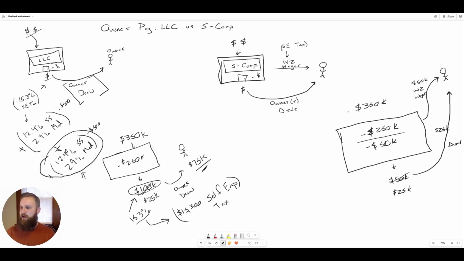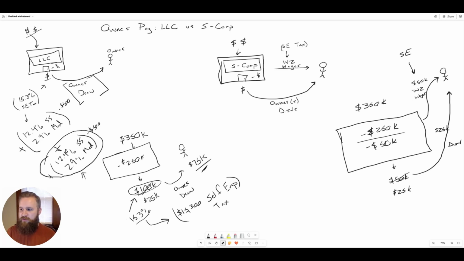Now what happens over here is this amount is the only amount that's subject to your self-employment tax, because this is your wage. In the LLC, at the end of the year, everything's considered wages, and that's why everything's subject to the self-employment tax. But as an S-Corp, now you can actually process actual legitimate wages, whether it's hourly or salary, and whatever you pay yourself through your W-2 wages will be subject to the self-employment tax, because when you pay yourself the wages, there's a deduction that occurs for your taxes, and then the company has to match, again, the Social Security and Medicare taxes.